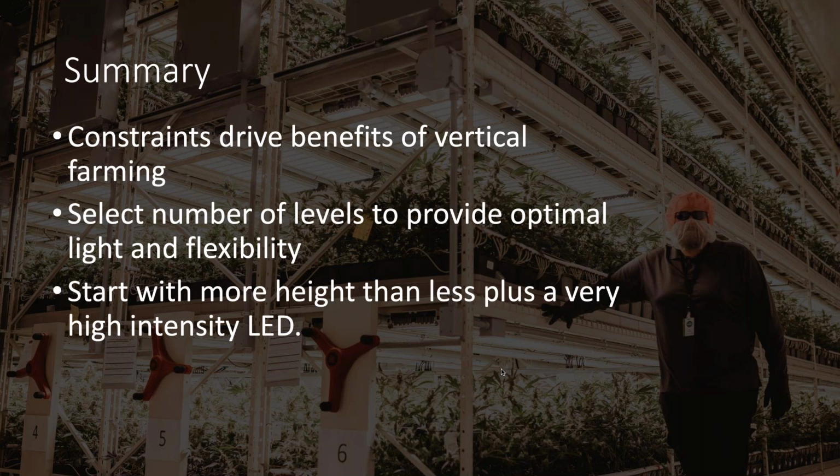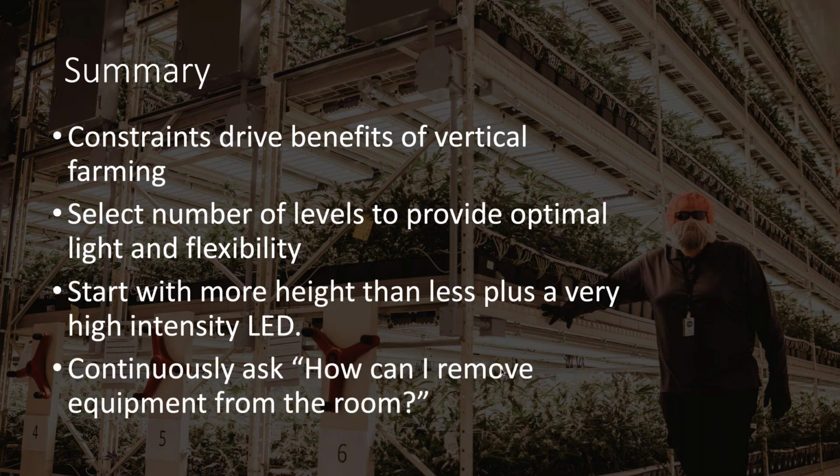Then you can do calculations to optimize that channel height even more. But I strongly suggest that once you move to vertical farming, you give yourself a little more space than you think you'll need, because it's a learning curve.